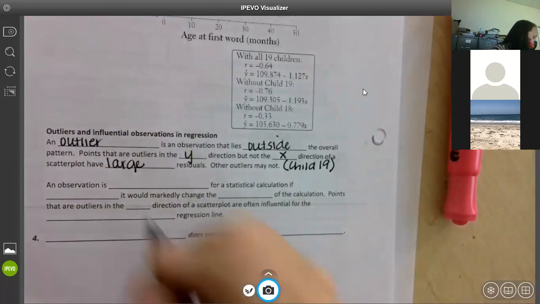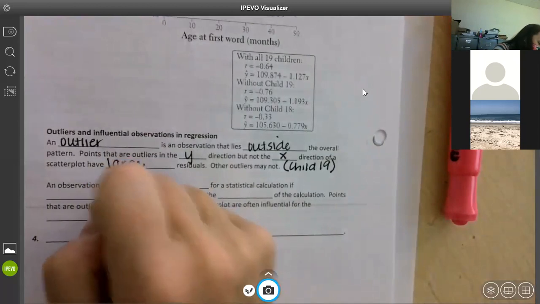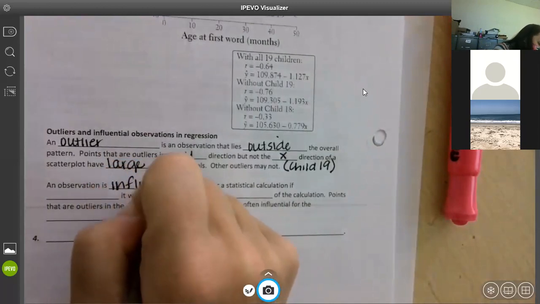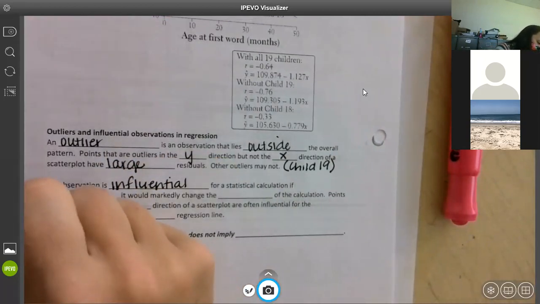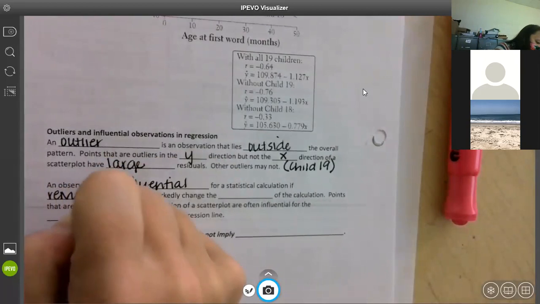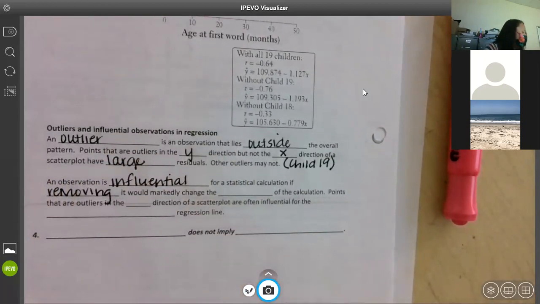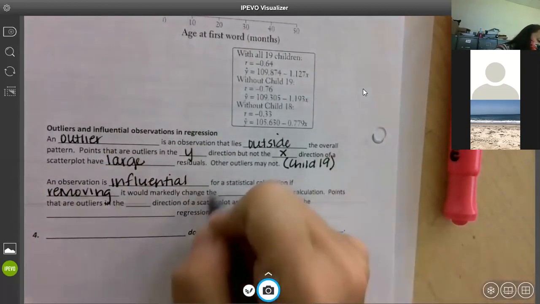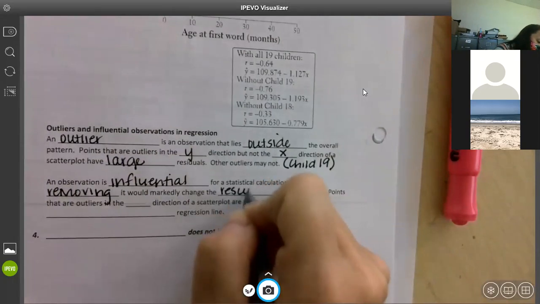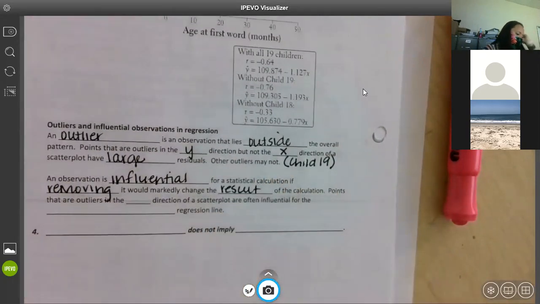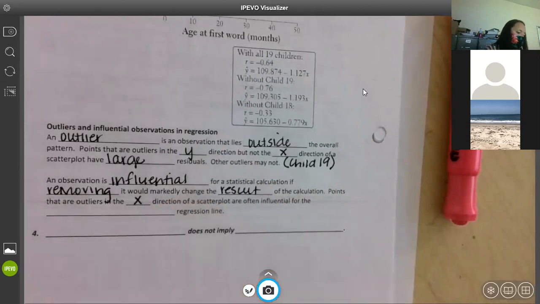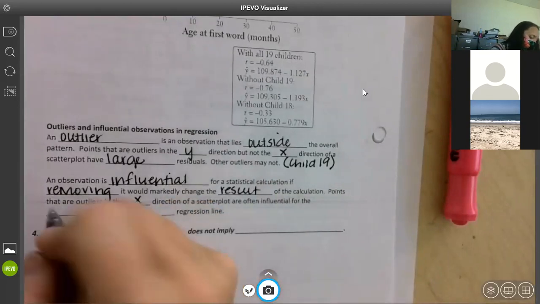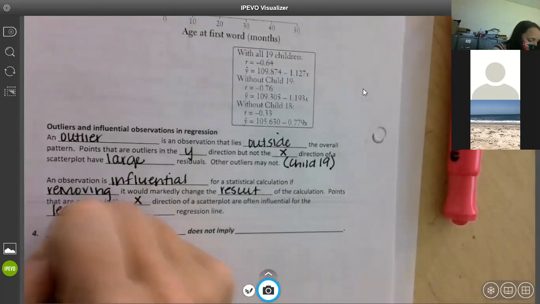An observation is influential for a statistical calculation if removing it would markedly change the result of the calculation. Points that are outliers in the x direction of a scatter plot are often influential for the least squares regression line.